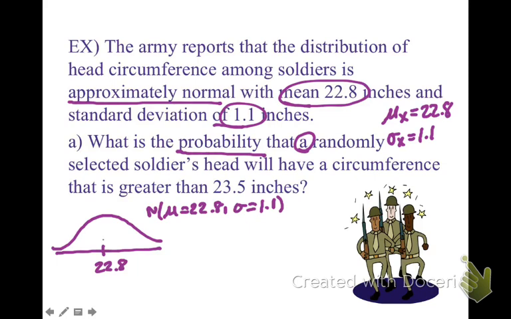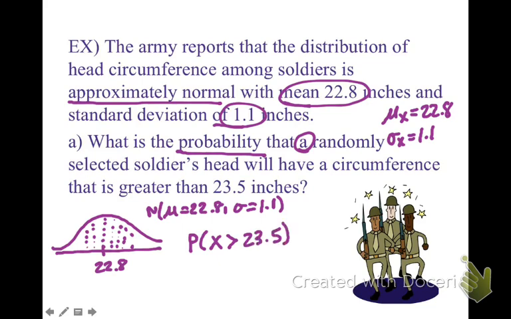Basically, every one of the dots that would make up this normal curve are individual soldiers' head circumferences, and the Army is literally plotting all of the circumferences of the soldiers' heads over time. Our question is, what is the probability that X, a randomly selected soldier's head, will have a circumference greater than 23.5 inches?